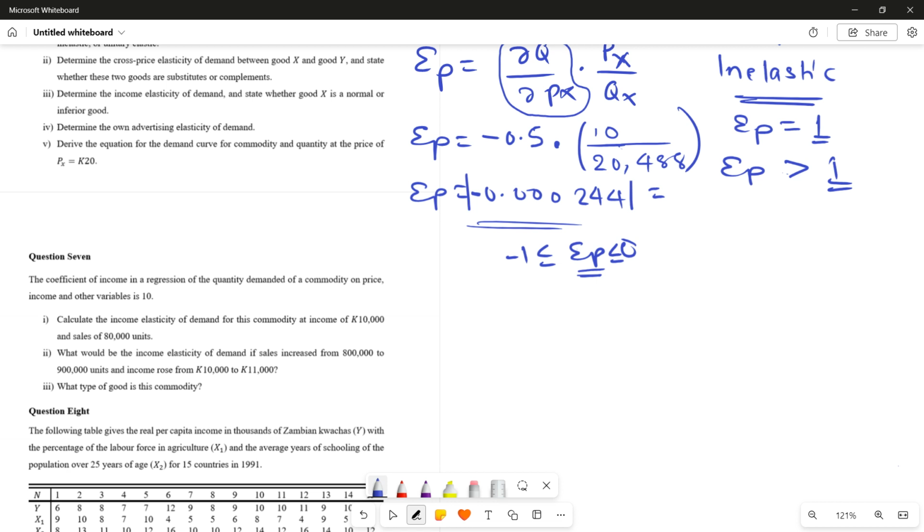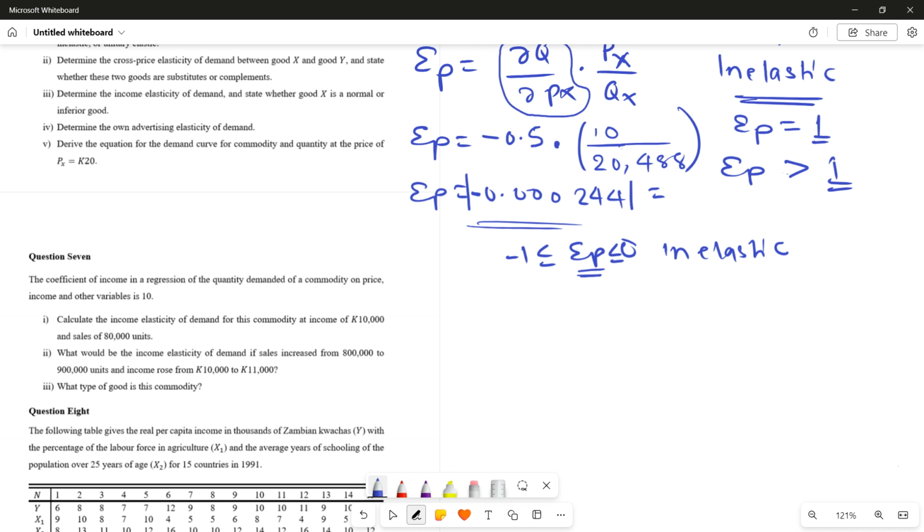If the answer is lying between -1 and 0, and I think you know that 0 is better than -1. Okay? So if your answer is lying between -1 and 0, then demand is inelastic. Okay? Inelastic, which when you introduce the modulus, this will be between 0 and +1.